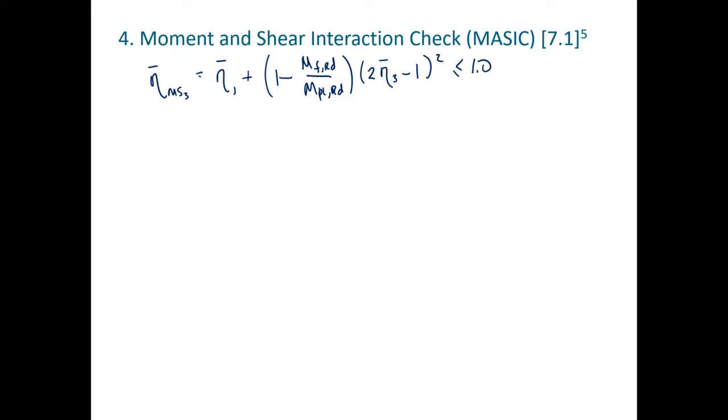That all has to be less than or equal to 1.0. Okay, so we're getting that from equation 7.1, Eurocode 3 part 1-5.